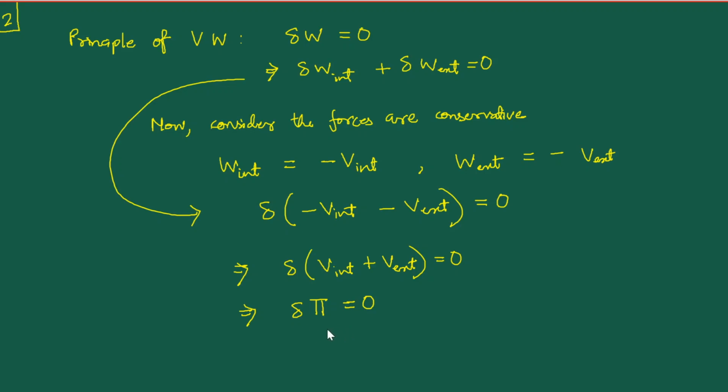This itself is what is referred to as the principle of stationary potential energy. So operationally, when we use this, what we are going to do is to write the expressions in terms of the strain energy.